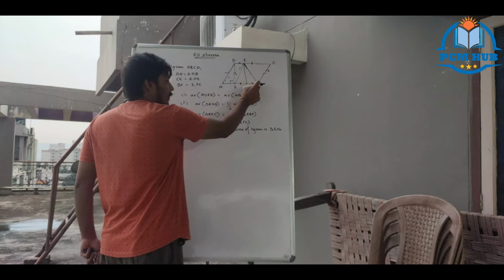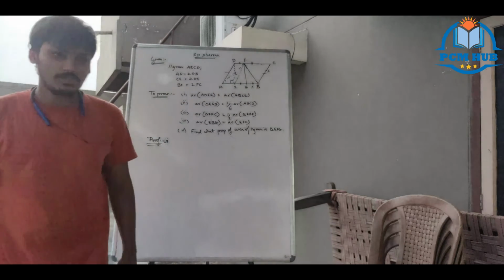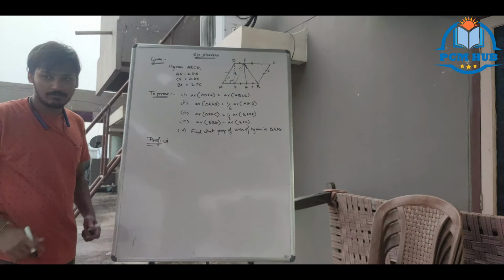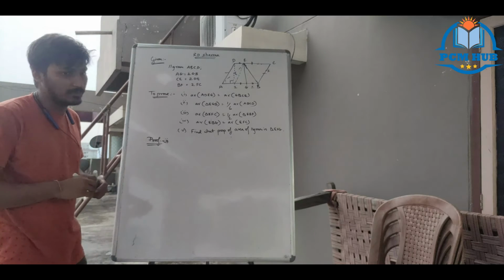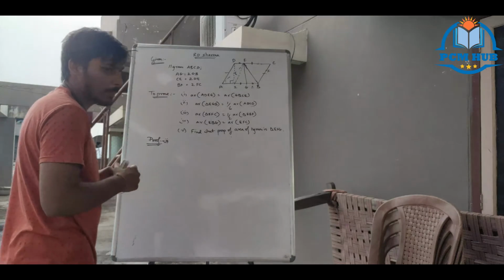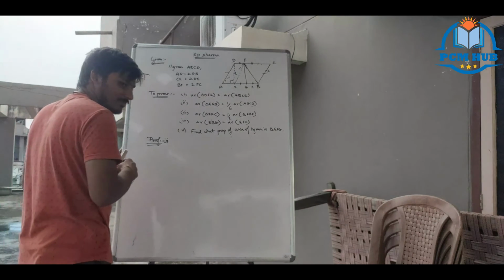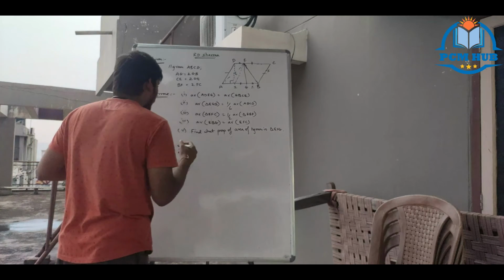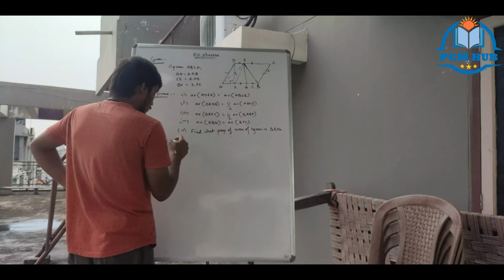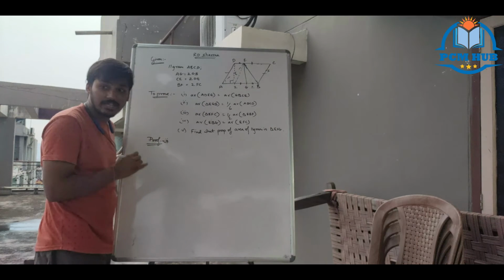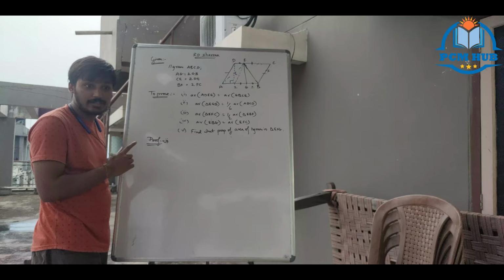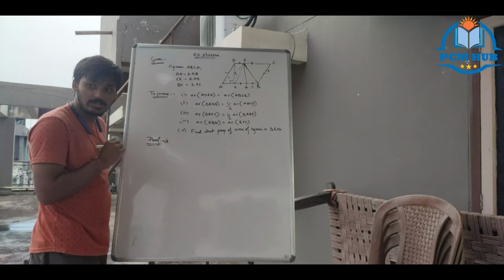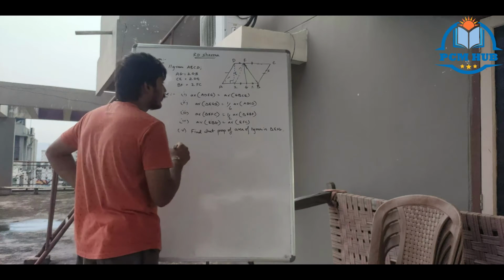Now these are on the same base and between the same parallels. Therefore their areas are equal. We prove over. If the drawing is correct, everything will go correct. That is the main importance of drawing.